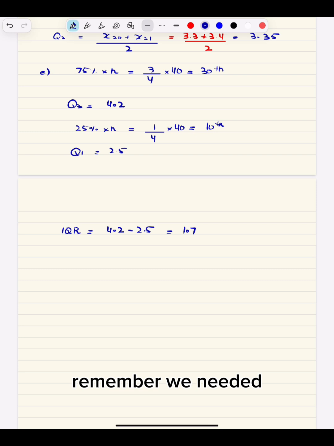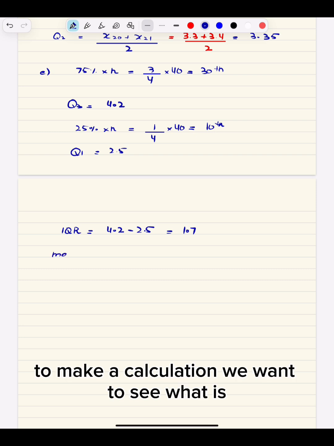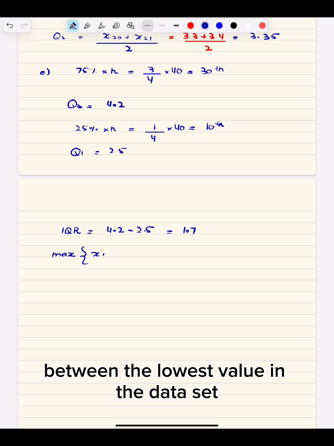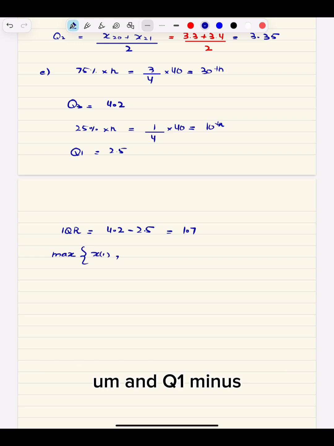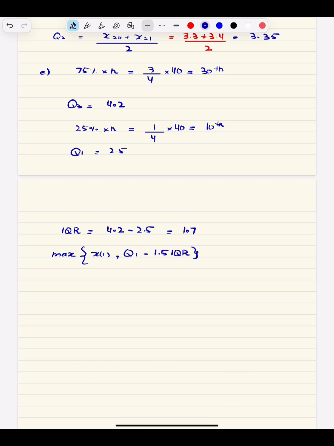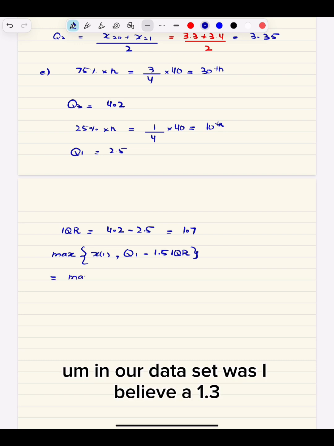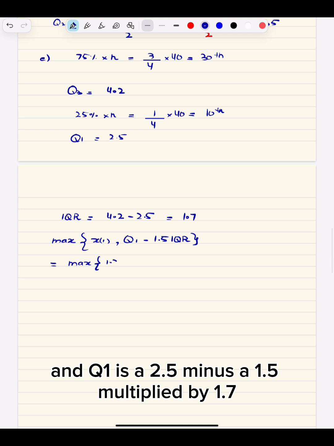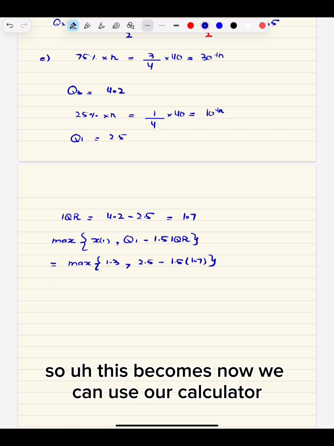Remember, we needed to make a calculation. We want to see what is the maximum between the lowest value in the data set and Q1 minus 1.5 multiplied by the interquartile range. The lowest value in our data set was, I believe, 1.3, and Q1 is 2.5 minus 1.5 multiplied by 1.7.